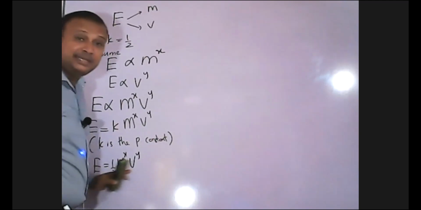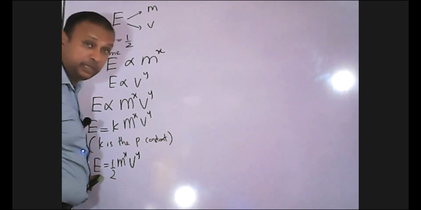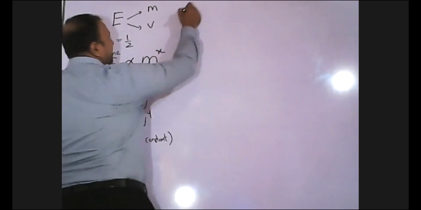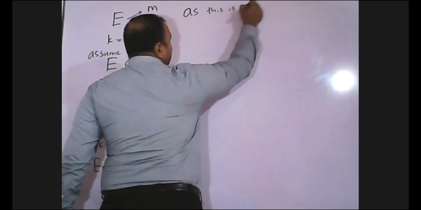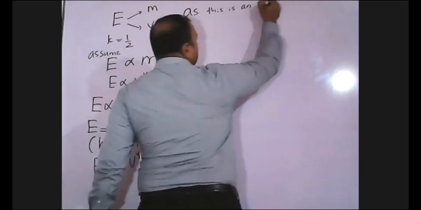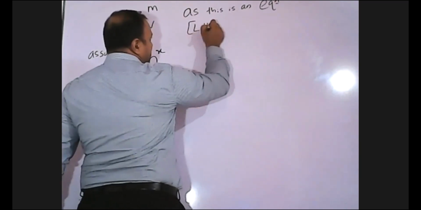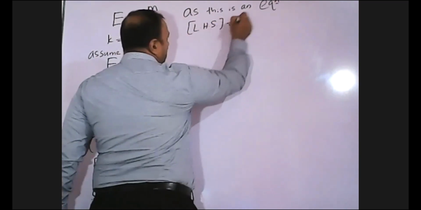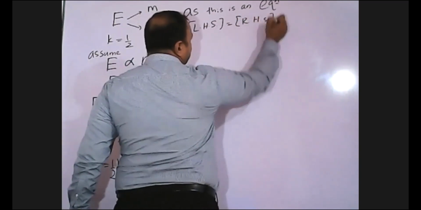So as this is an equation, the dimension of the left-hand side should be equal to the dimension of the right-hand side. So the dimension of LHS is equal to the dimension of RHS.